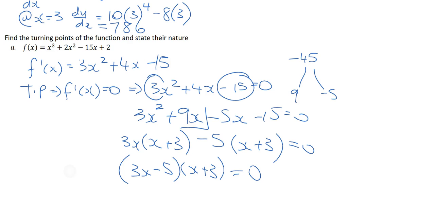So x is negative 3 and positive what? Positive 5/3, yeah, not 5. So now last year, to do that particular question, how did you state their nature?